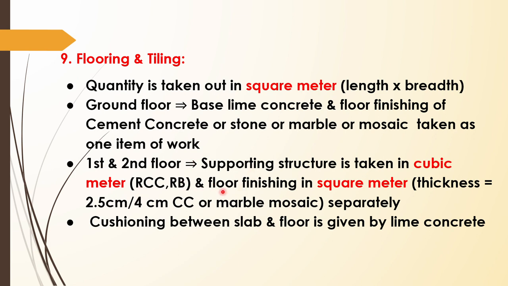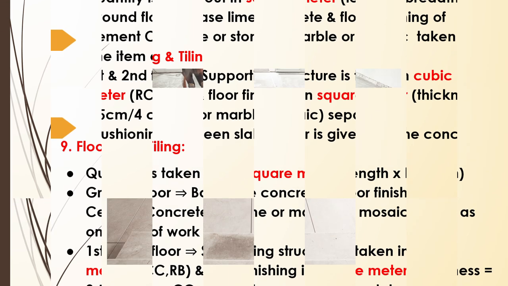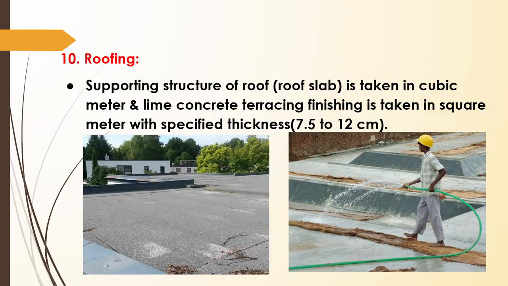Then above that we will provide the floor finishing, which is given in square meter. Cushioning between slab and floor is given by lime concrete, as I have already mentioned. So this is flooring. Now roofing. Roofing is similar to flooring. It is also calculated in terms of cubic meter.